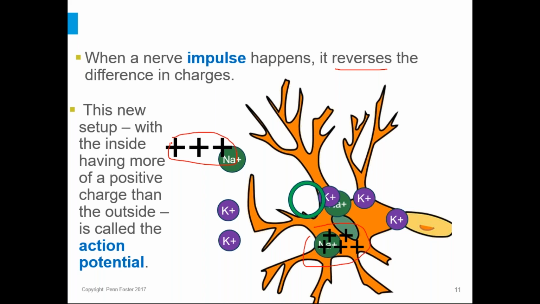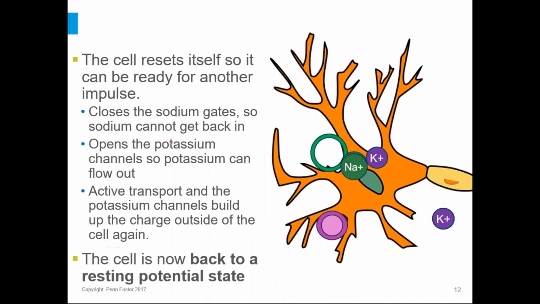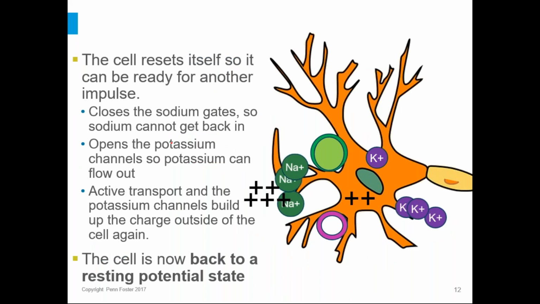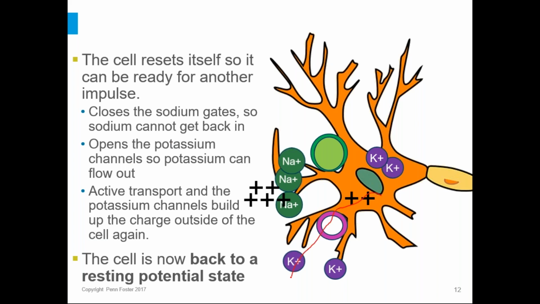Once the impulse passes, the cell resets itself so it can be ready for another impulse. It does this by closing the sodium gates, opening the potassium channels, and then using active transport to pump sodium ions out and the potassium ions in. The potassium ions, though, flow back out of the cell. As you just saw, they came in and then went right back out.